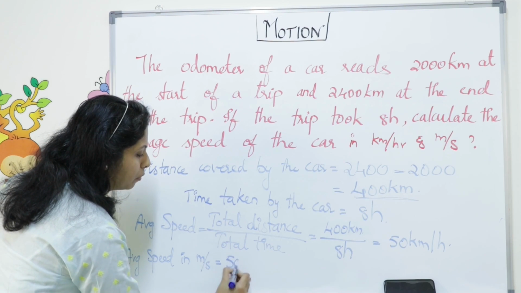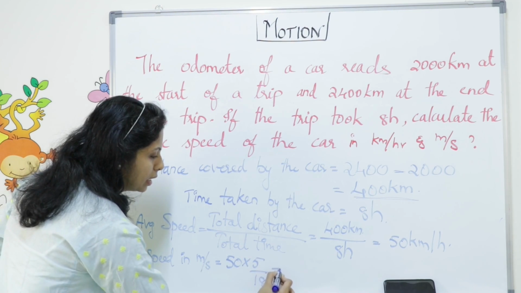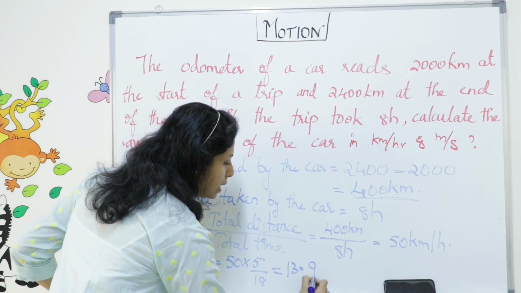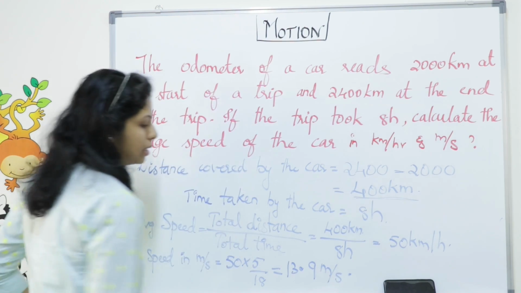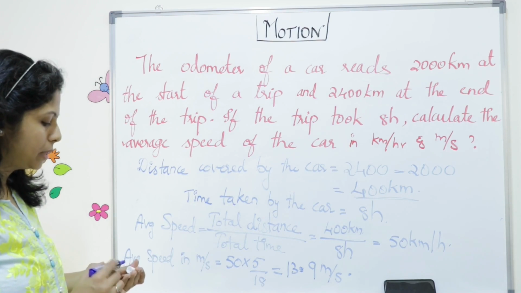So you can write 50 into 5 by 18, which is nothing but 13.9 meter per second.